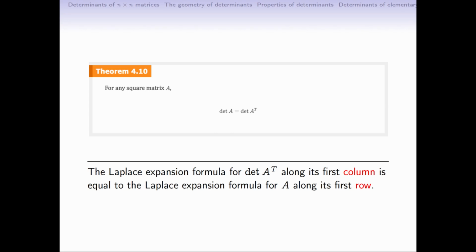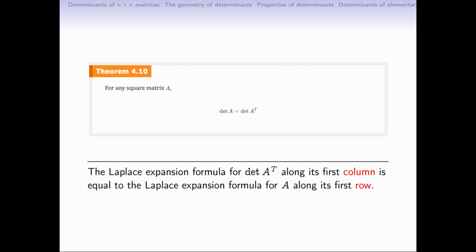Our next and last theorem of the section is theorem 4.10, and it says this: for any square matrix A, the determinant of A is equal to the determinant of A transpose. Now, this result actually follows quite easily from the relationship between A and its transpose and the Laplace expansion formula.